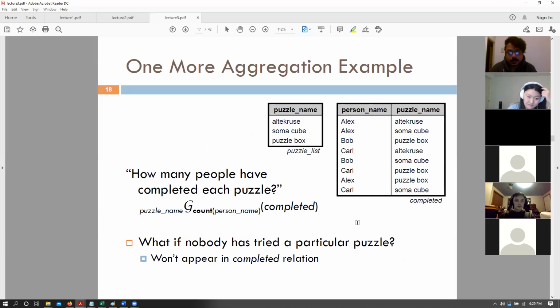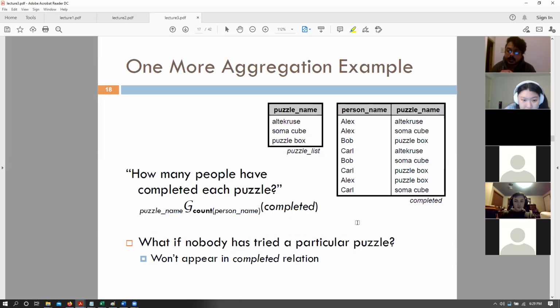Okay, so now let's look at one more aggregation example. When we say how many people have completed each puzzle, we group by puzzle name. Remember, this is different from what we did earlier.